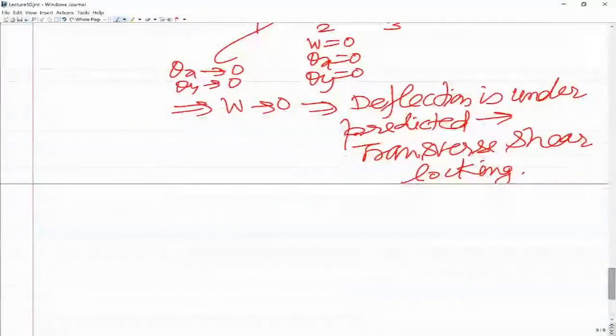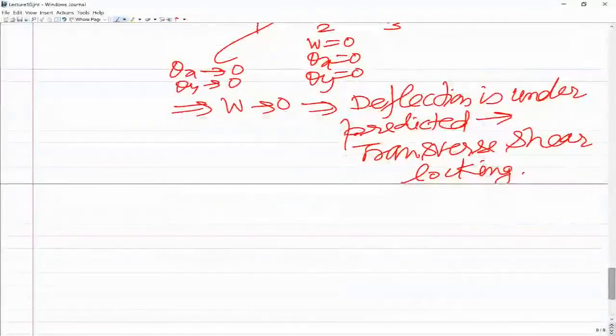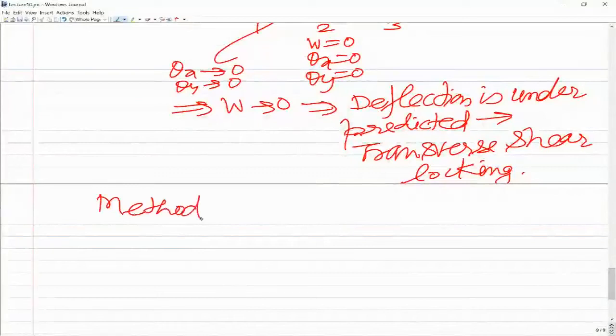Similarly, there is a concept of volumetric locking, as I said, for incompressible materials and elastoplasticity. There also you have to take care of the volumetric locking. So how do we eliminate this shear locking? There are methods to eliminate shear locking.